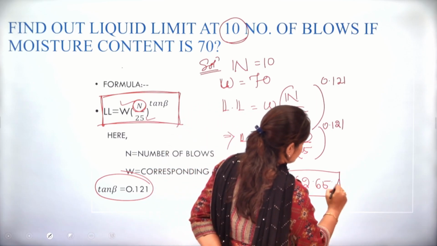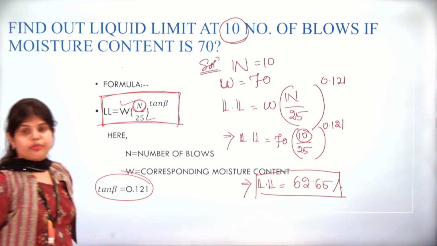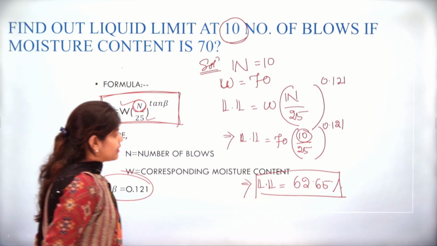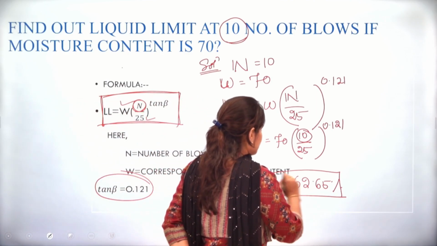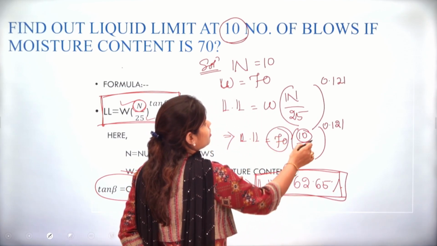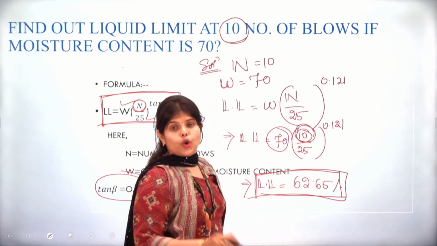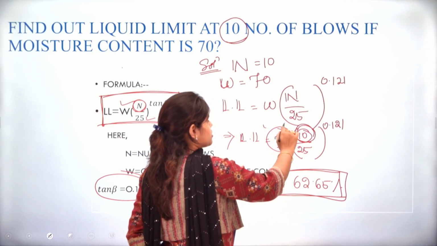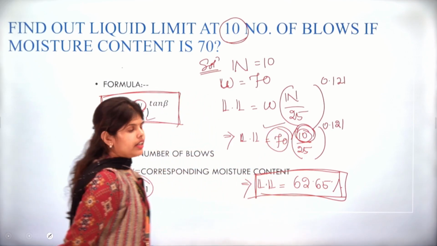So the liquid limit value is 62.65%. Similarly, if there is a change in moisture content or number of blows, we can put those values in this formula and get the answer.